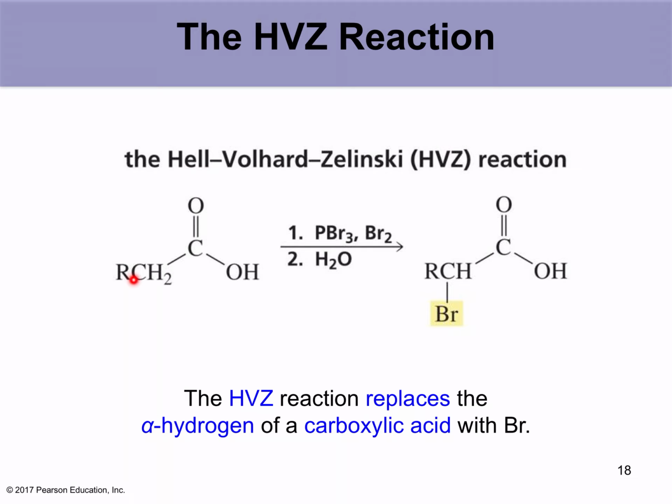We call that reaction HVZ, Hell-Volhard-Zelinsky, the HVZ reaction. So what are the reagents we need? We need phosphorus tribromide in the presence of bromine. And in the second step, when you add water, you can brominate the alpha carbon of a carboxylic acid. The HVZ reaction replaces the alpha hydrogen of a carboxylic acid with bromine.